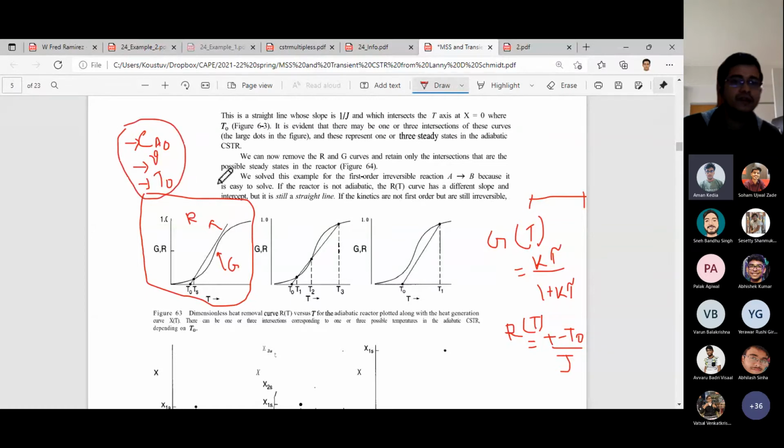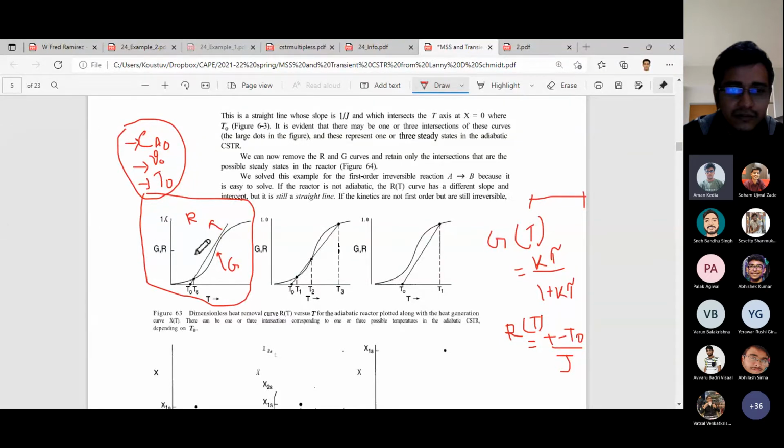Right now we are not discussing what implications they can have, but we just accept the fact that we have started with some T0, some Ca0 and V0, which is constant over the CSTR. So G and R both are plotted, and they may intersect at this point. So we are happy that we have got only one, which we are calling the steady state value.